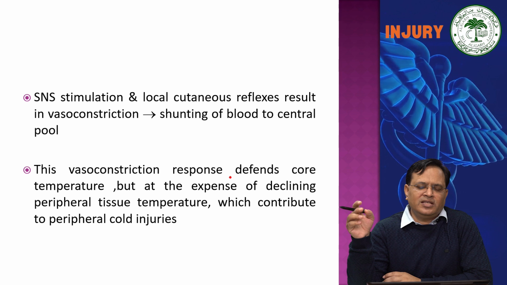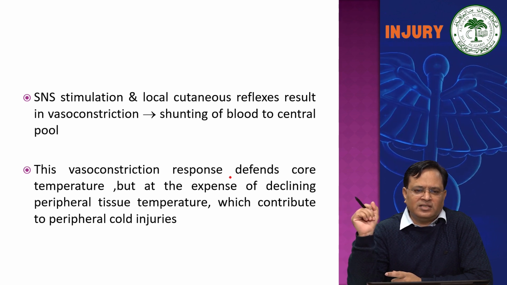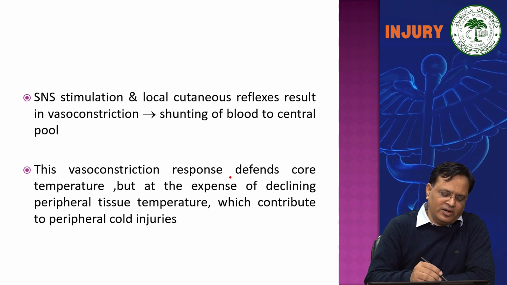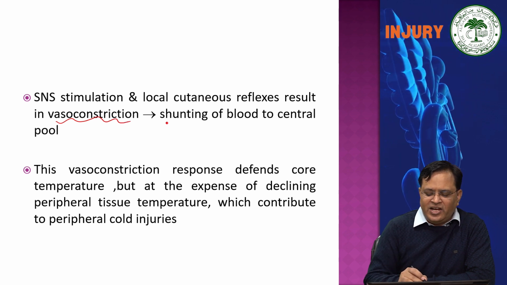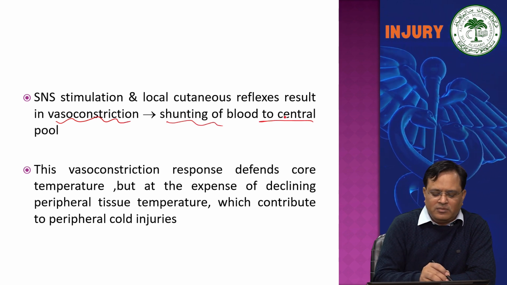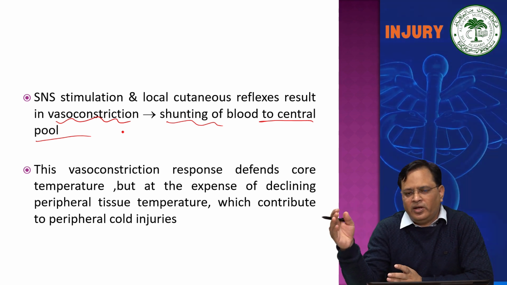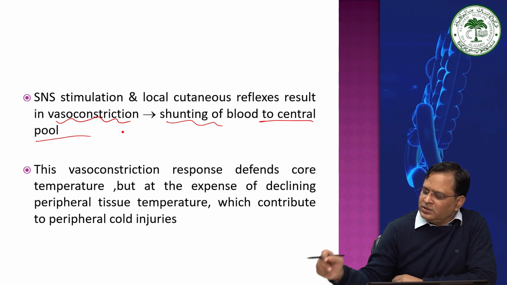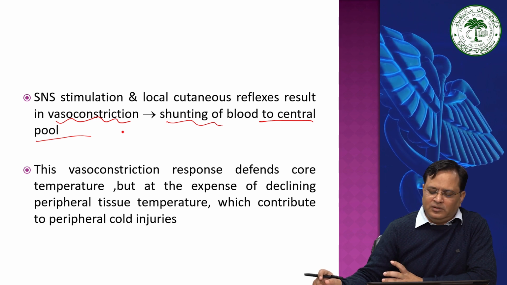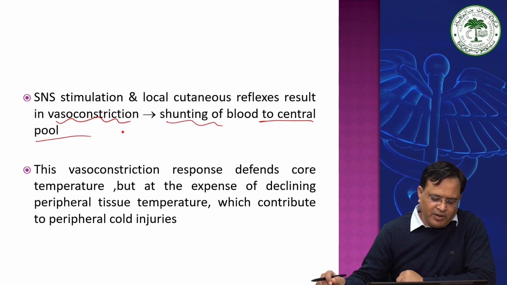Sensorineural system stimulation and local cutaneous reflexes result in the vasoconstriction that we have already discussed, and shunting of the blood to the central pool. It means it shunts the blood from the periphery to the central pool, so that the central part of the body is maintained at the general temperature.